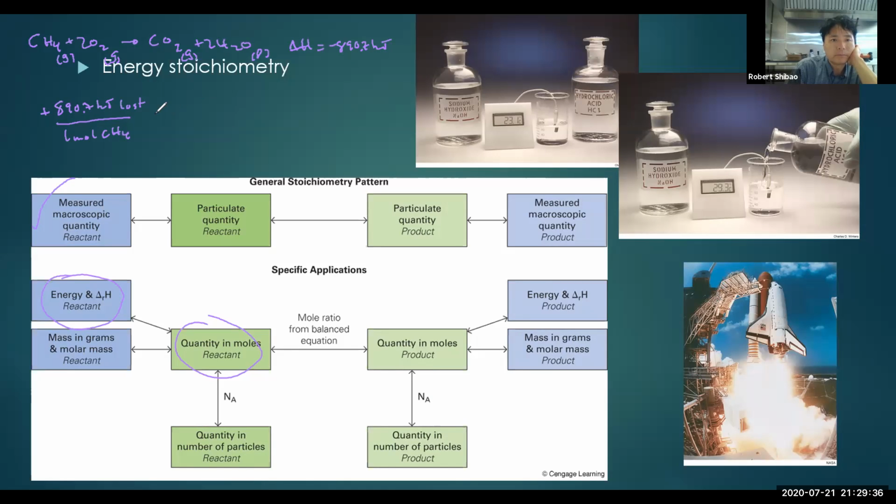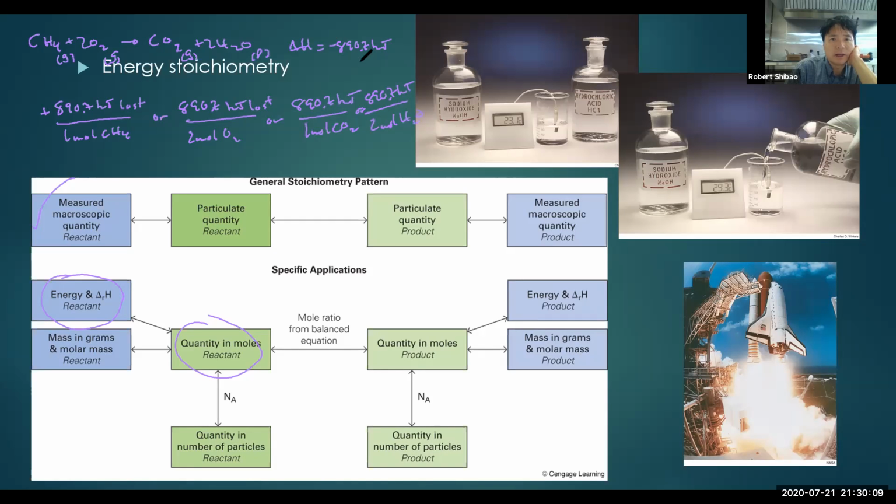Or I could say 890.7 kilojoules lost per 2 moles of oxygen, or 890.7 kilojoules for every 1 mole of CO2, or 890.7 kilojoules for every 2 moles of water.